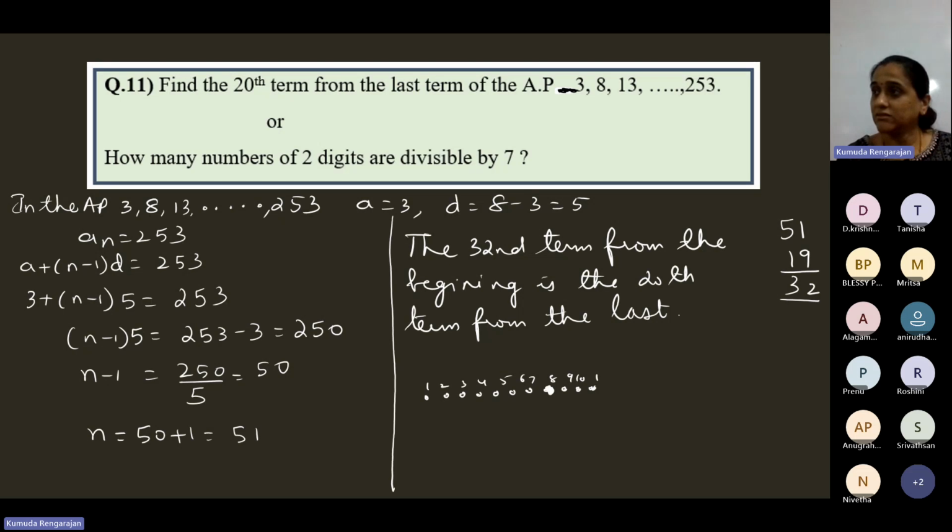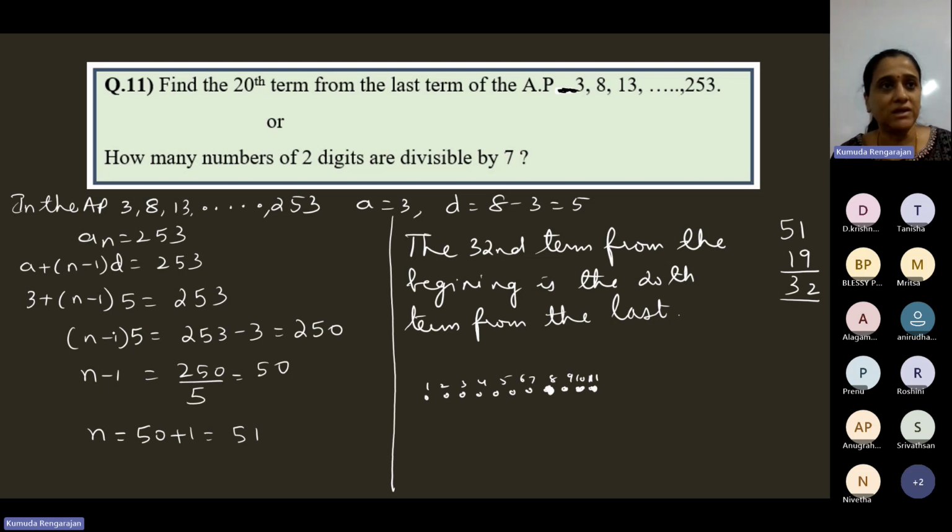This is the last student, 11, 1, 2, 3, 4th student from behind, but the 8th student from the beginning.